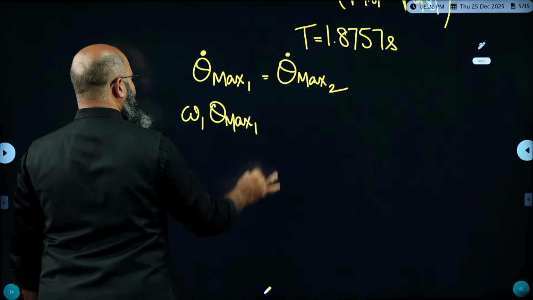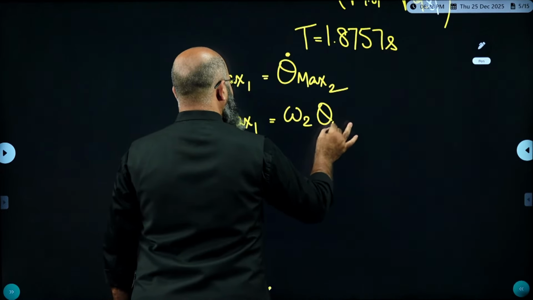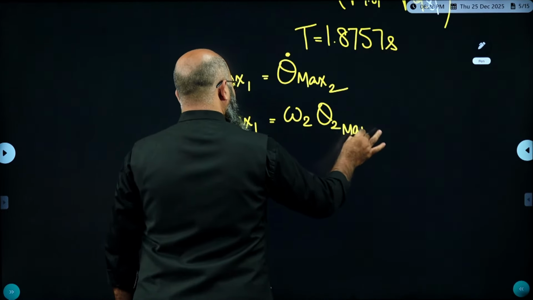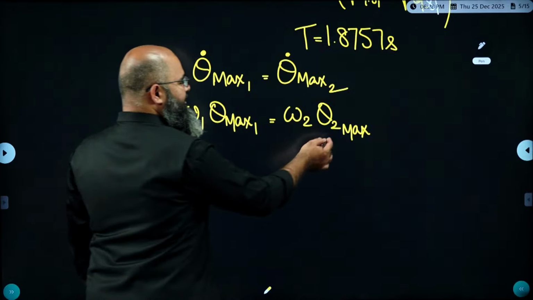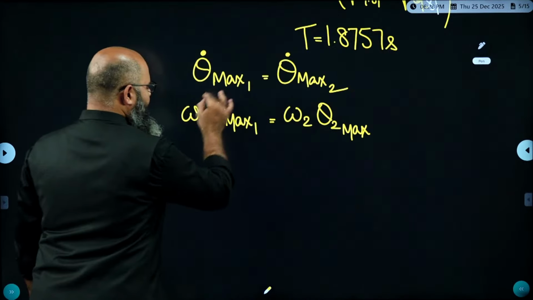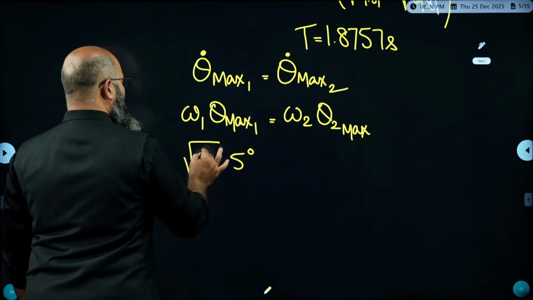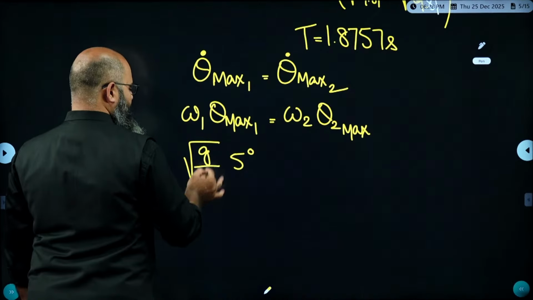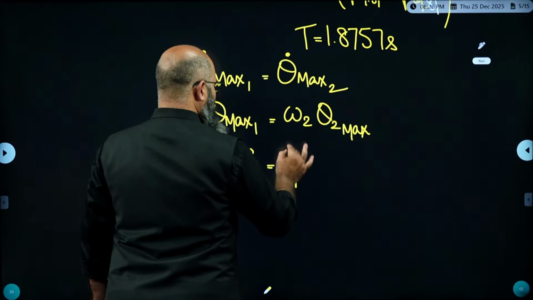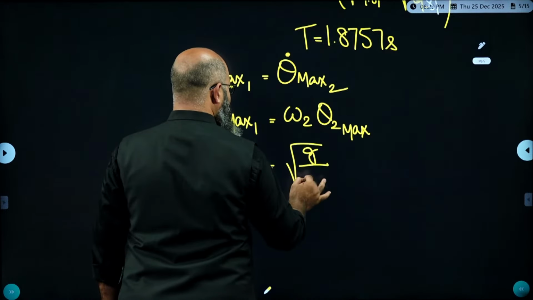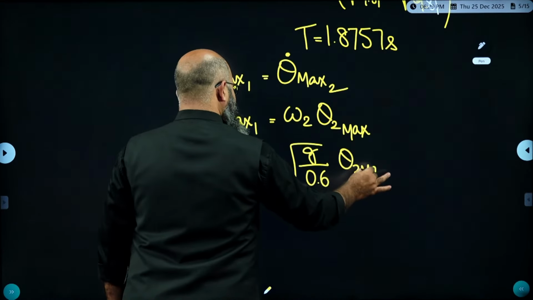Omega 1 theta 1 maximum has to be equal to omega 2 theta 2 maximum. Theta 2 maximum is basically the amplitude theta we want to find out. Theta 1 maximum we know is equal to 5 degrees. Omega 1 is equal to root over of g divided by length, length in first case is 1.2, is equal to root over of g divided by length, which is 0.6, times theta 2 maximum.